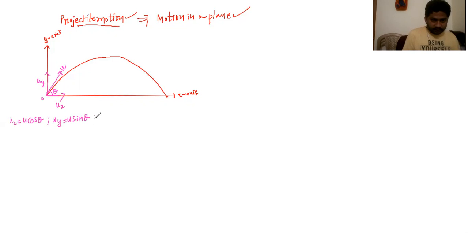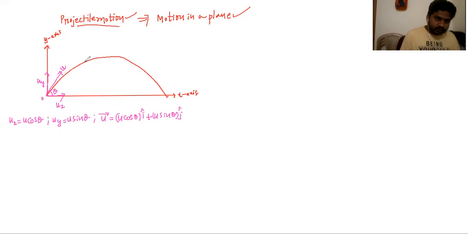I can write the initial velocity u bar is equal to u cos theta into i cap, yes or no, plus u sin theta into j cap according to vector notation. This is the initial velocity. Now the particle is moving in this way.